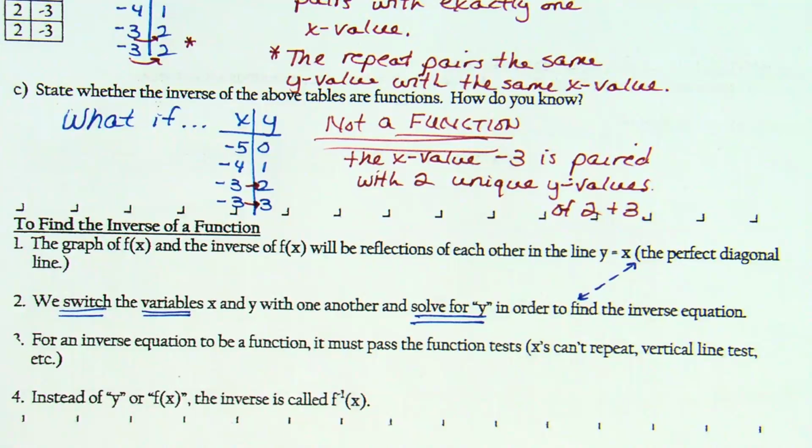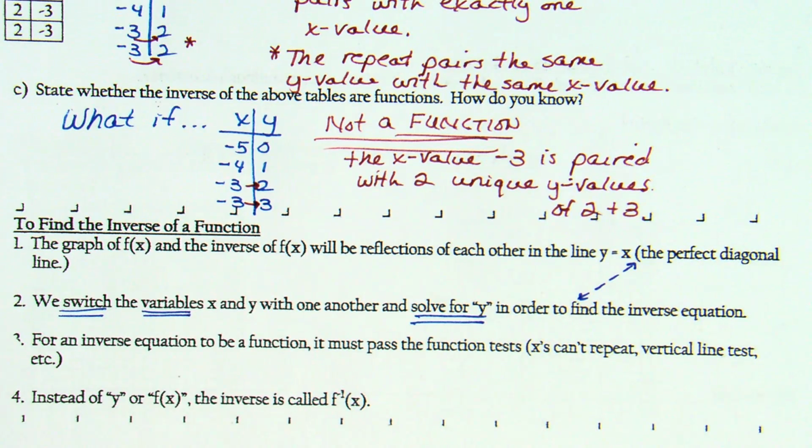It makes a note there that for an inverse function to be a function, it must pass the function test, which is what we already talked about, where the x's cannot repeat, or the vertical line test. So if we have a graph, which I think I talked about a little bit, but we don't have any examples here. Do you guys remember vertical line test? If it passes the vertical line test, you draw a vertical line and it will only touch the graph once. If it hits the graph more than once, it fails the vertical line test.